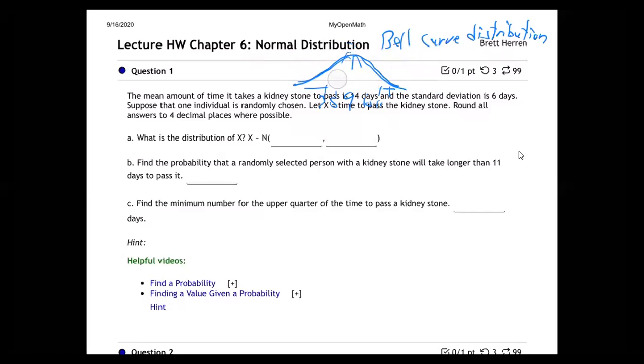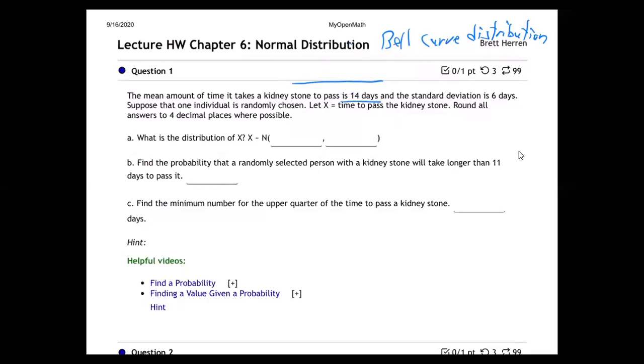Most things are average. If we measured IQ, there's an average IQ. Most people are close to the average. I think it's 100. Some people have really high IQs, some people have lower IQs, but there's less of those. Most are in the middle. They're average. Same thing for this kidney stone or anything else measured biologically.